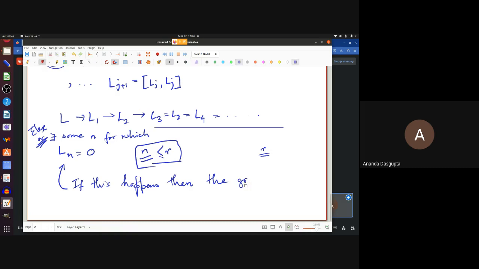Then the Lie algebra L is called solvable.